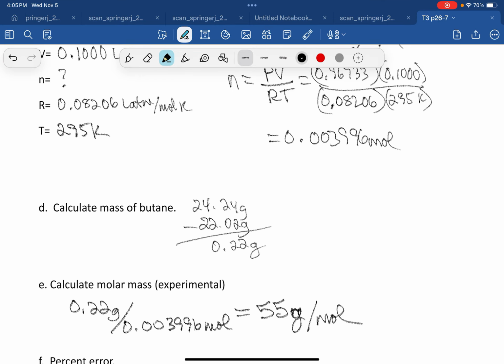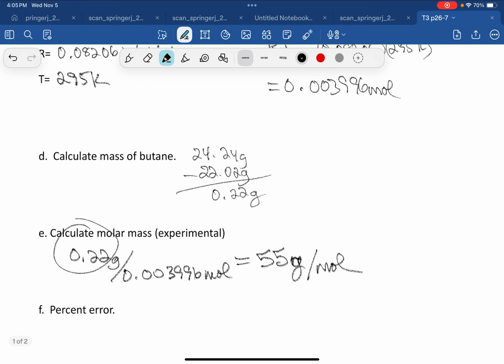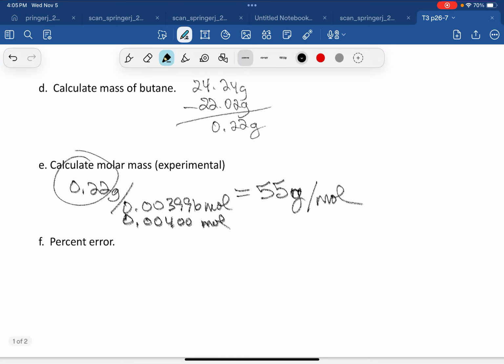I rounded that to 2 sig figs because we got 2 in the 0.22. And again, if you wanted to use 0.004, you'd probably get the same answer. I'm just saying.